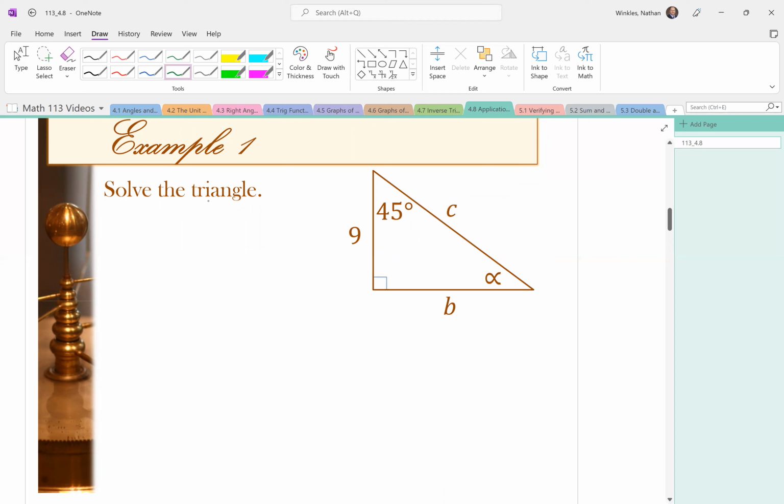We know that the sum of all three angles must be equal to 180. So 180 is equal to 45 plus, since we see this box, we know that that's a 90 degree, plus alpha. So 180 equals 135 plus alpha. So alpha is equal to 45 degrees.